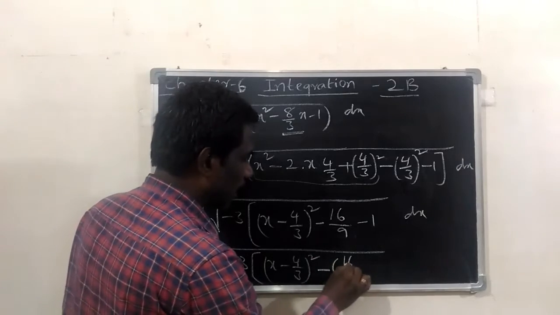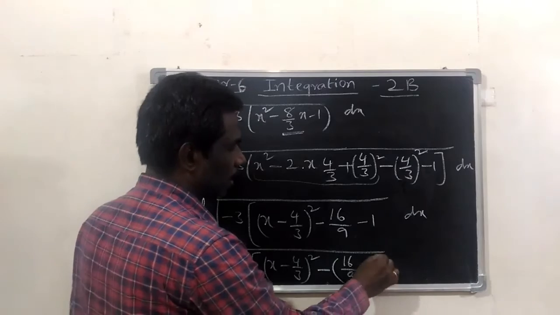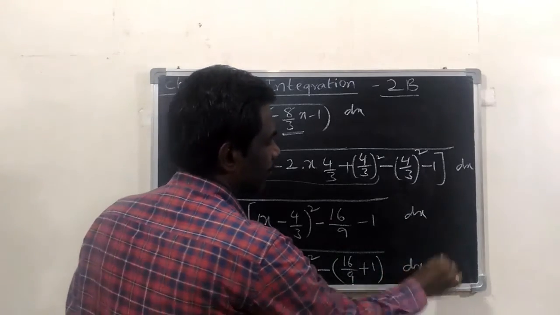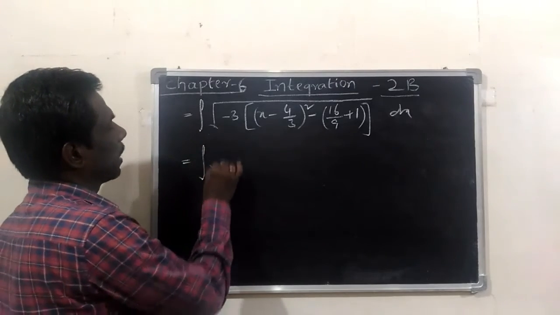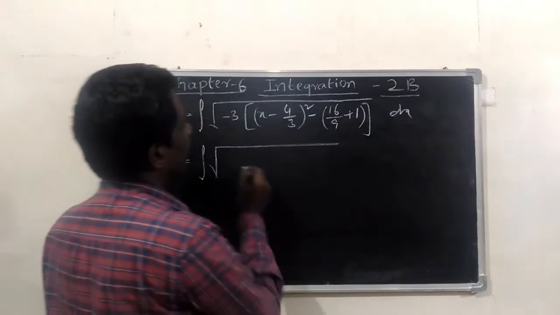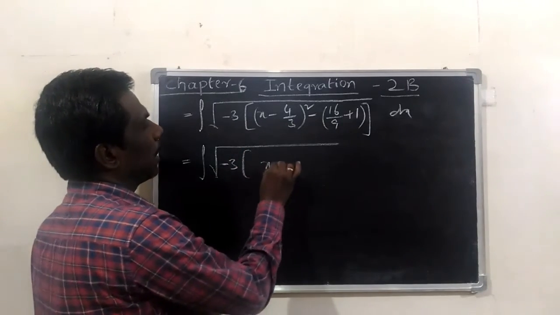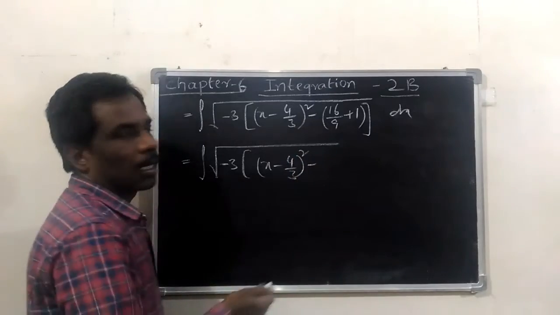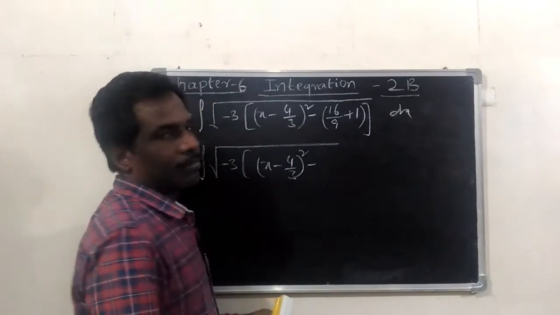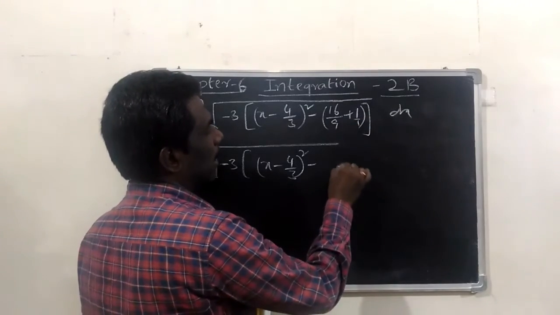Then 16 by 9, minus into plus is minus, write 1 into dx is equals to integral under root of minus 3 into x minus 4 by 3 whole square minus, and simplify this bracket term. We can write by 1 and do LCM. We get 9 as a LCM.